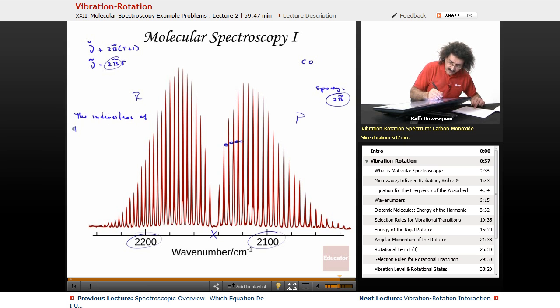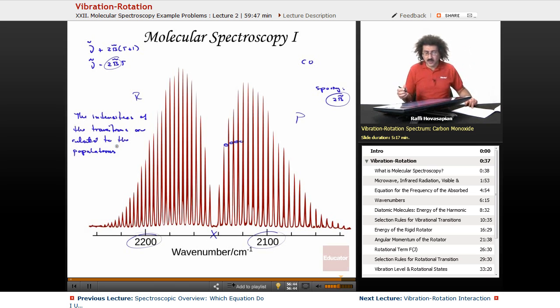The intensities of the transitions are related to the populations of each J level. In other words, if I have 100 molecules in level 2, the more molecules that you have, the more transitions are going to take place.